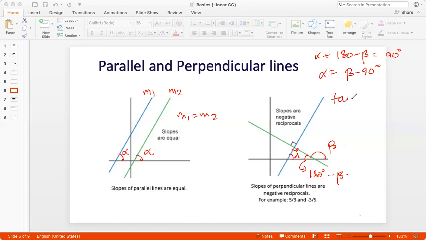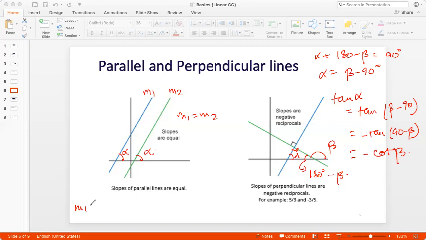So tan alpha will be tan of beta minus 90, which is minus tan of 90 minus beta, which is minus cot beta. So tan alpha is just negative cot beta.